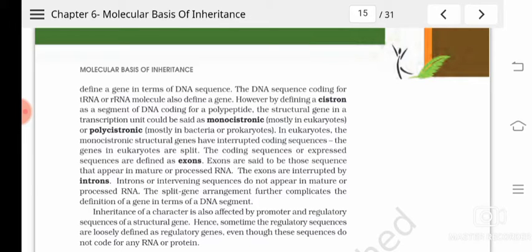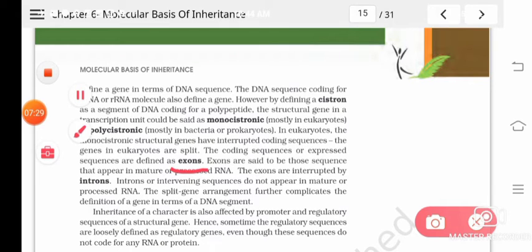Another speciality of the eukaryotic cistron, apart from being monocistronic, is that it is in the split condition, that is, it contains both exons and introns. So what are exons? They are the coding sequences. In a DNA there are many sequences which are not coding, and there are sequences which are coding.